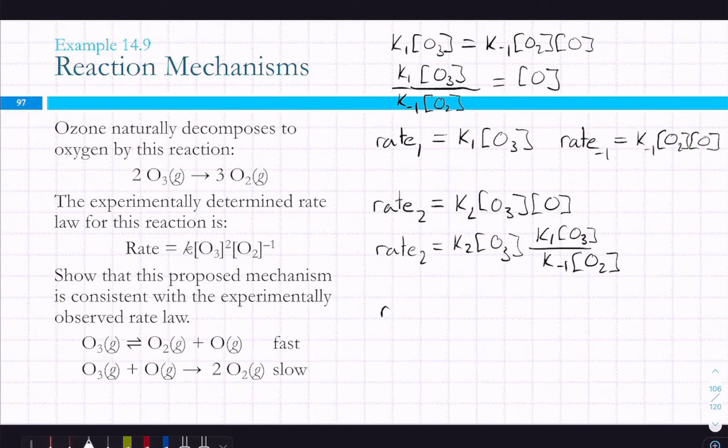And then when we bring all of those together, rate is equal to K2 times K1 over K -1, O3 squared over, or actually, let me write it so it matches, O2 to the -1.